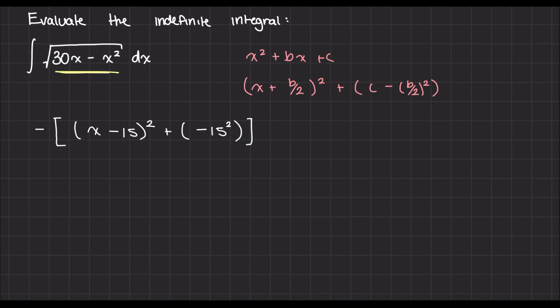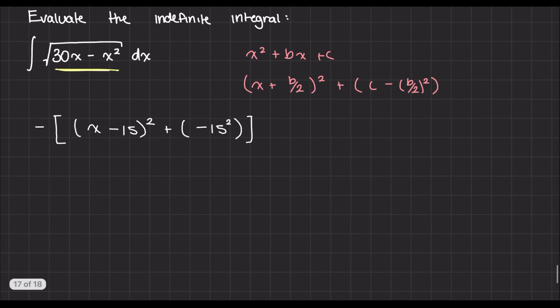And then we can basically rewrite this whole integral as the integral of, it's still the square root of, and I'm going to distribute this negative back in. In this case, the negative on the outside and this negative here cancel out, making a positive, but there's going to be a negative here.